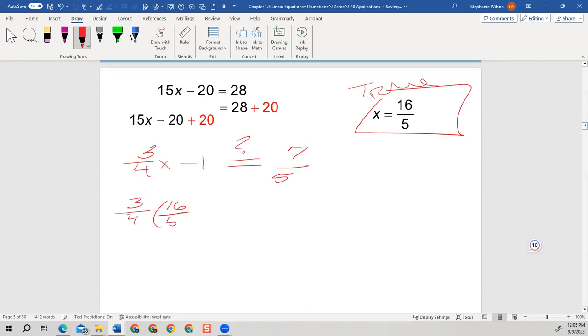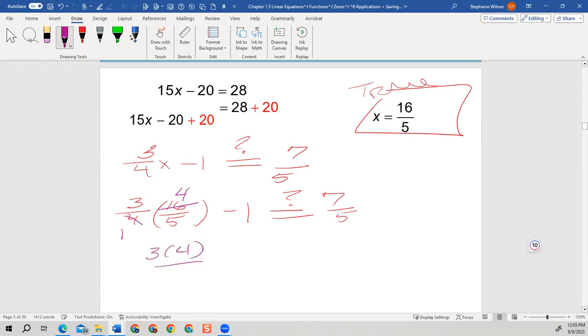So let's plug this in. I'm trying to see if it equals 7/5. I noticed that I have a 4 in the denominator here, and I know it goes into itself once, and it goes into 16 four times. So reduce if you can. Now I have 3 times 4/5 minus 1.